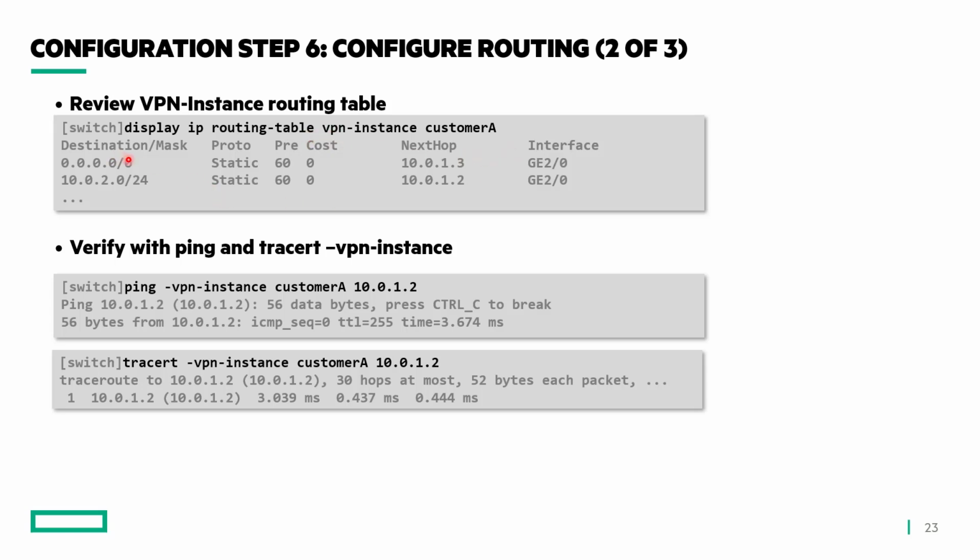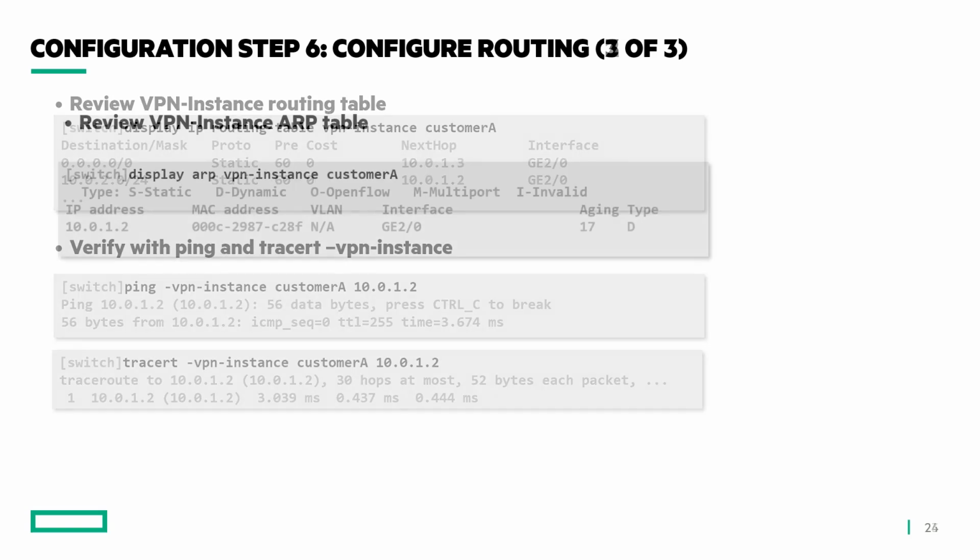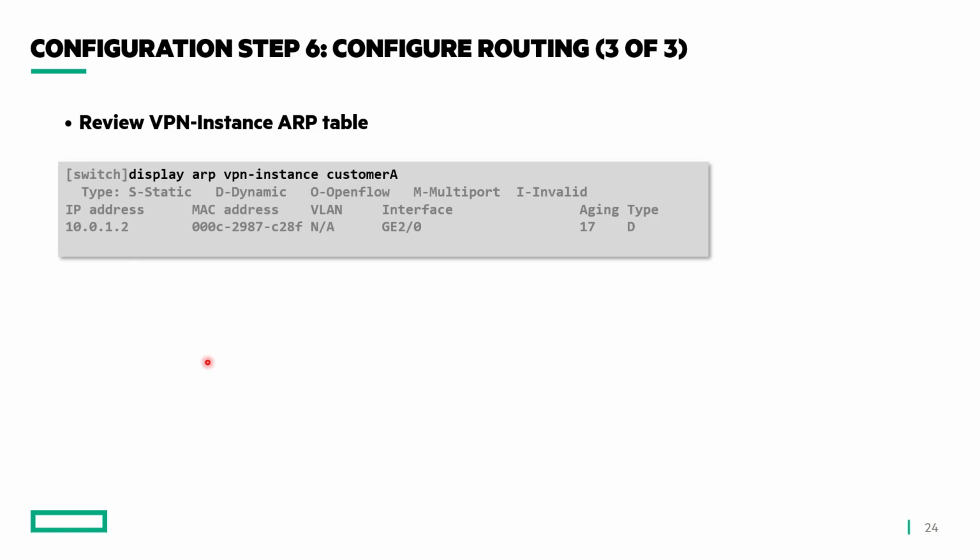You can see the default and the static route, and I can ping, but I have to specify which VPN instance I'm pinging. And there we go. I can also do trace route. Here I can also look into the ARP table for the VPN instance. That is a result of sending an ARP request and getting a response for that request.